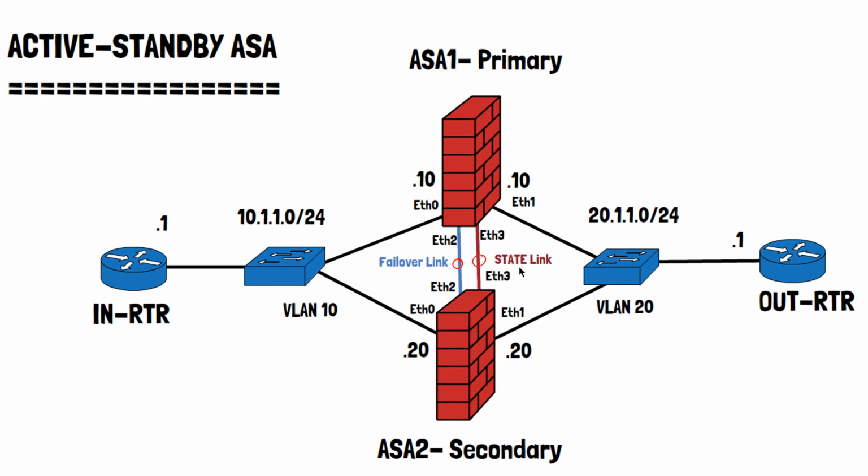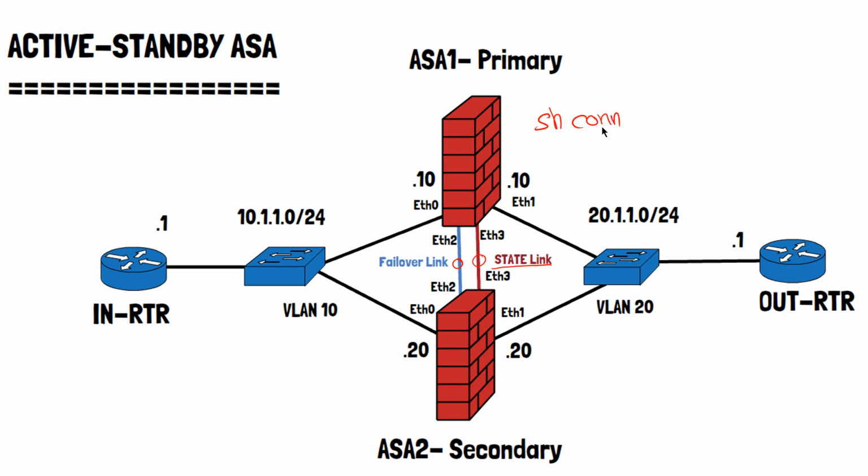One more thing: the state link is used to do a lot of things, but the main feature of this state link is this. If you've ever been to a firewall, you have definitely hit this command, show connections.